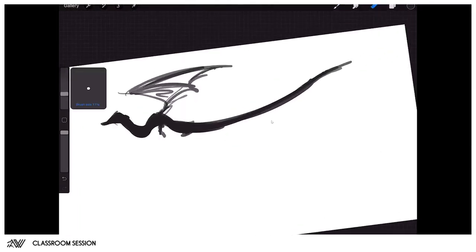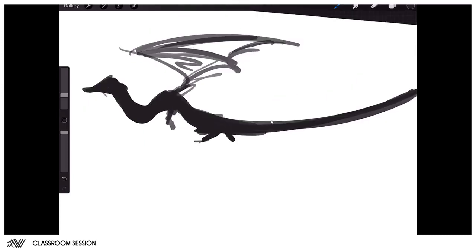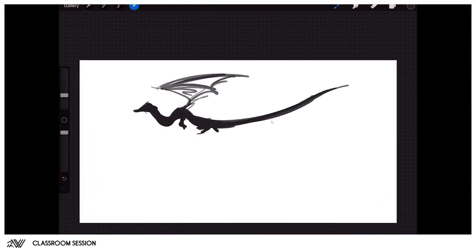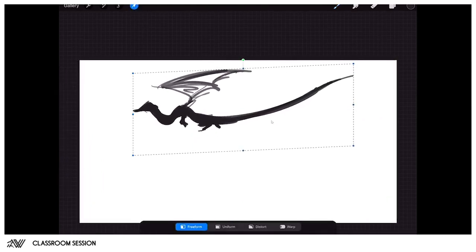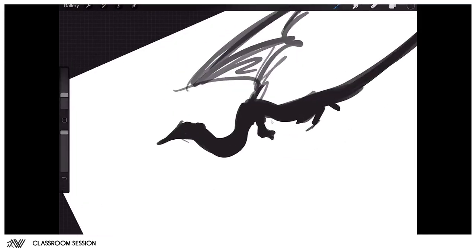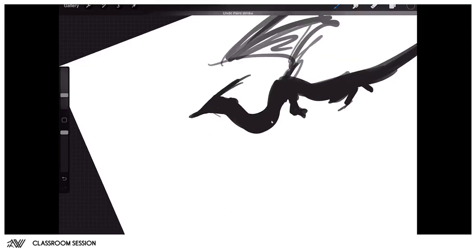Maybe he has stompy arms. Like this. Suggest a little bit of perspective with the horns.